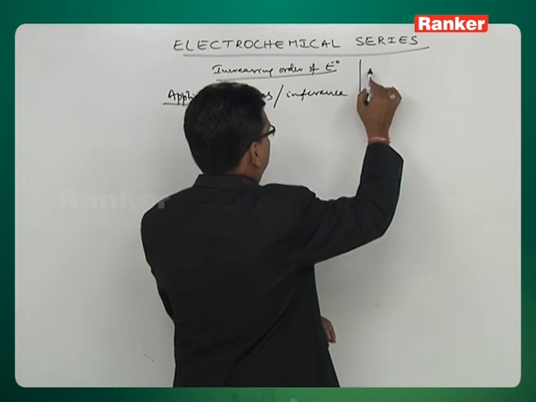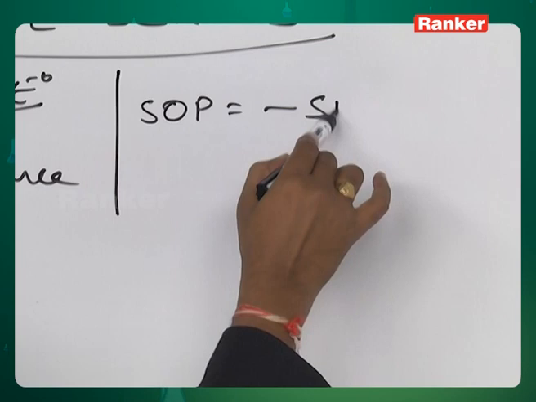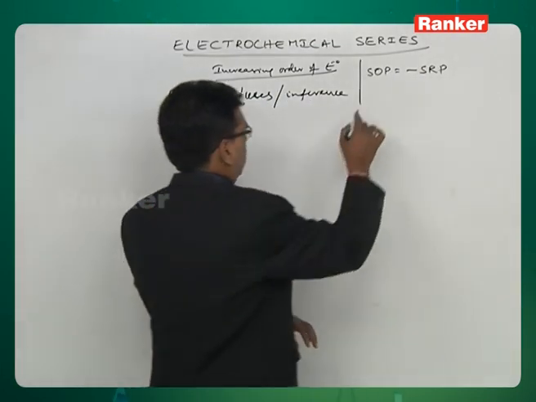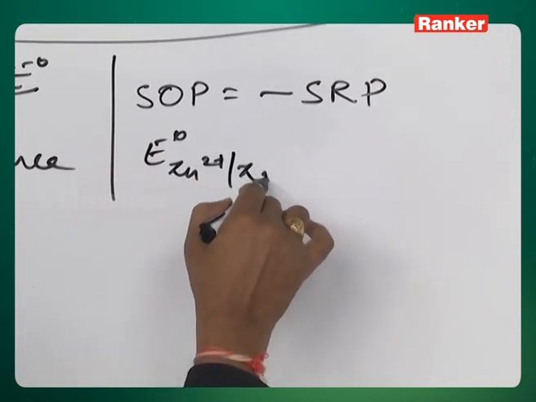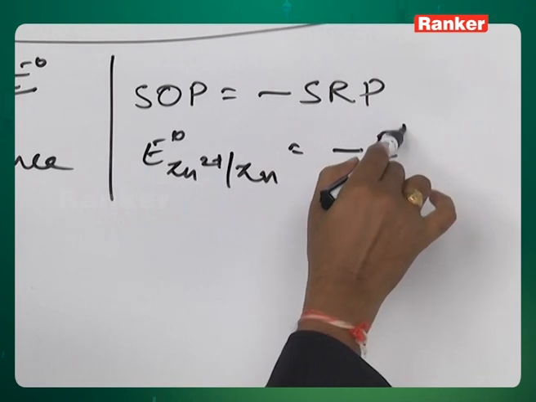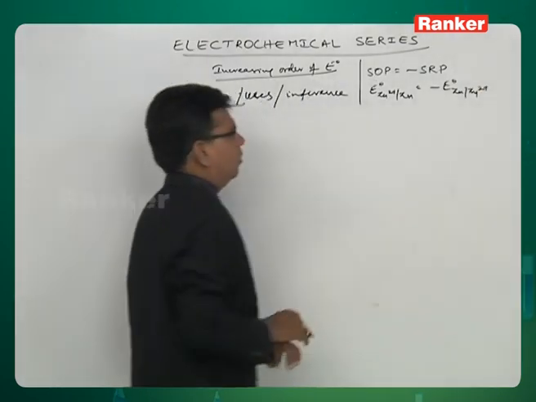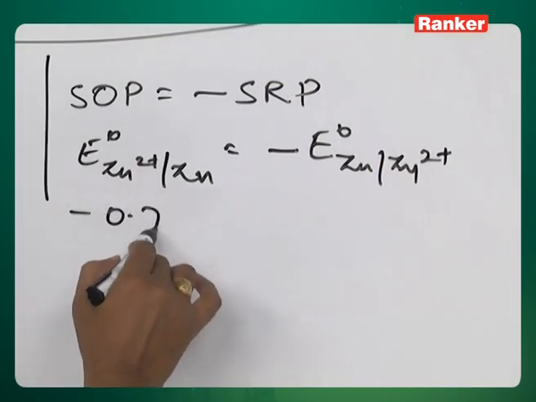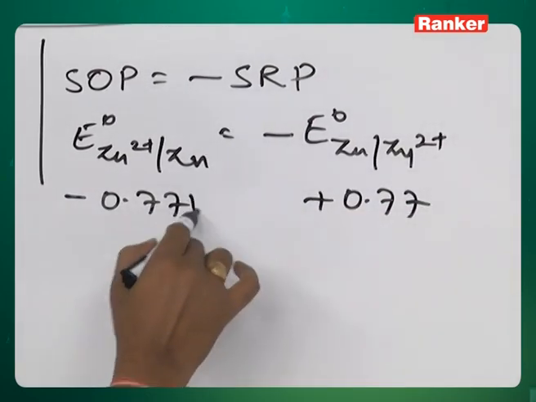For any element, SOP is minus of SRP. That is, E naught Zn2 plus/Zn will be equal to minus of E naught Zn/Zn2 plus. This value is minus 0.77, that value is plus 0.77 volts.